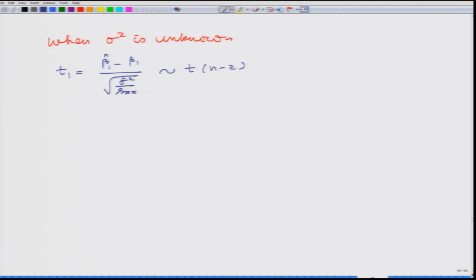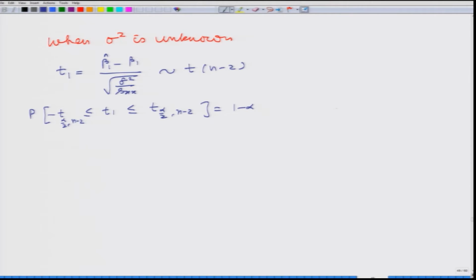So, now based on this statistic, on similar lines, I can find the confidence interval: the statistic T1 lies between minus t alpha by 2, n minus 2 and plus t alpha by 2, n minus 2, and the probability of such an event is 1 minus alpha.